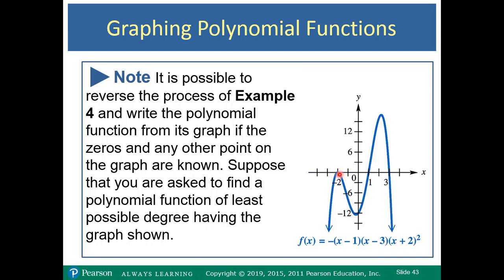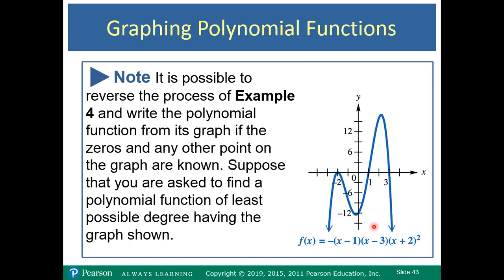Now, here's the thing. It bounces here, so we know we have to have an even multiplicity. But again, they want the least possible degree, so we're going to use the smallest value, which would have to be 2. Because it has to be even, but we're going to use the smallest one.